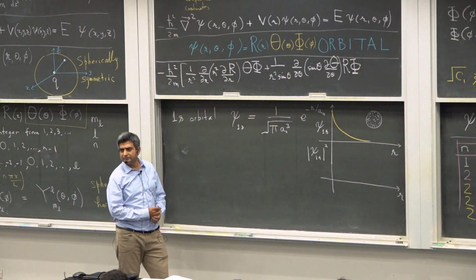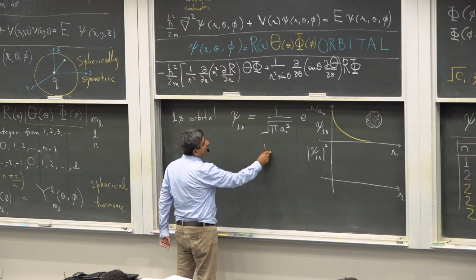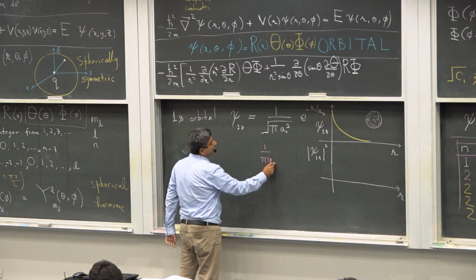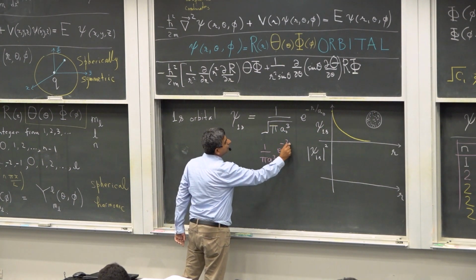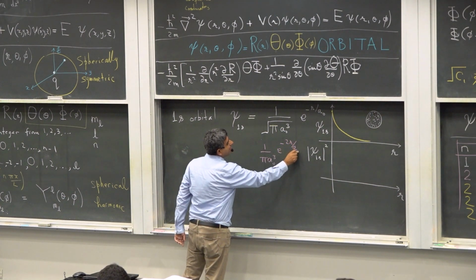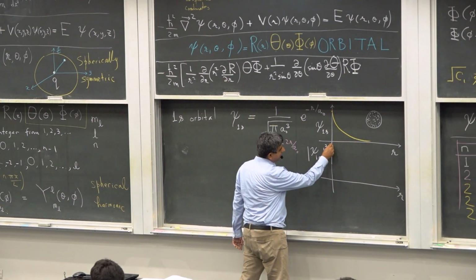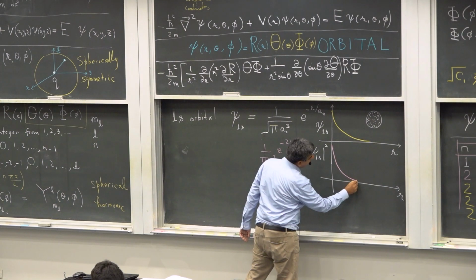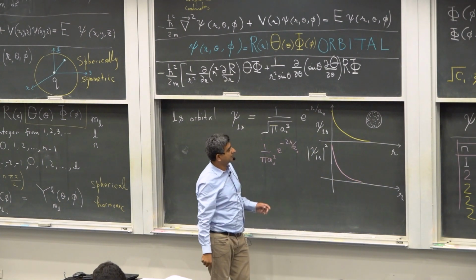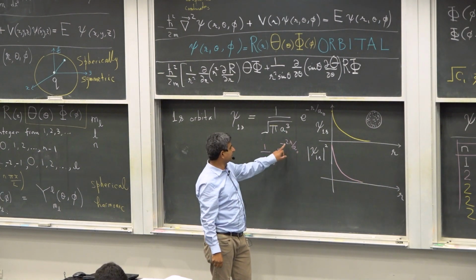Roughly the same. If I take the square of this, I'll get 1 over pi a naught cube e to the minus 2r over a naught. Decay is faster because of this factor of 2.